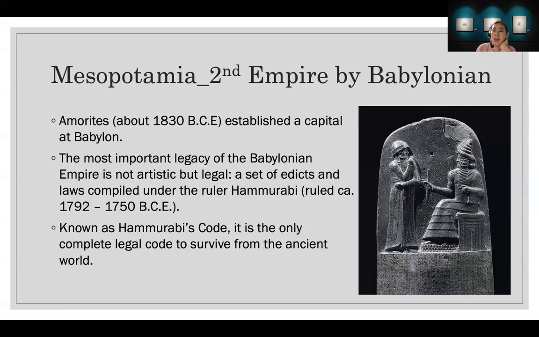A set of ethics and laws compiled under the ruler Hammurabi, known as Hammurabi's Code. It is the only complete legal code to survive from the ancient world, and it has provided historians with valuable insight into the structure and concerns of Mesopotamian society.